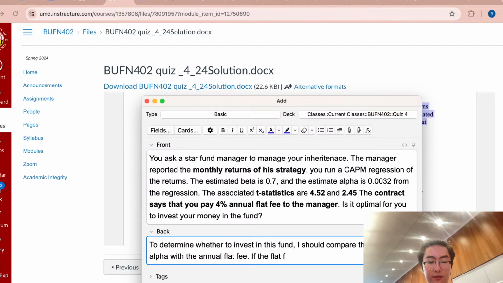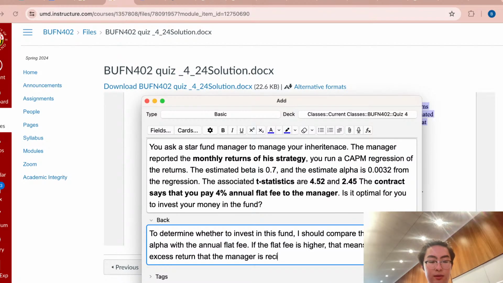If the flat fee is higher, that means all the excess return that the manager is receiving is going back to him.